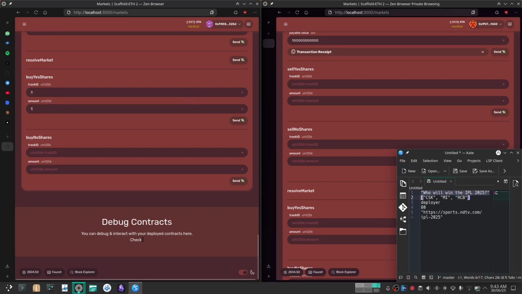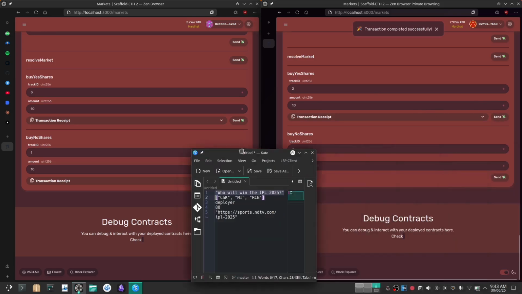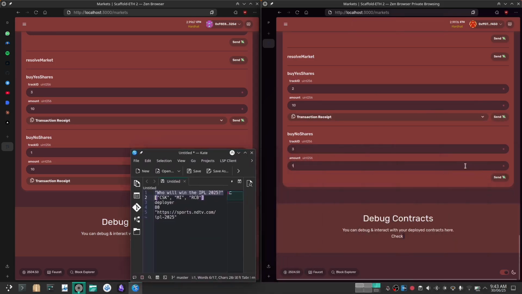So this guy buys yes shares of RCB and no shares of the other two, and this guy is a noob and he buys yes shares of this and no shares of that.